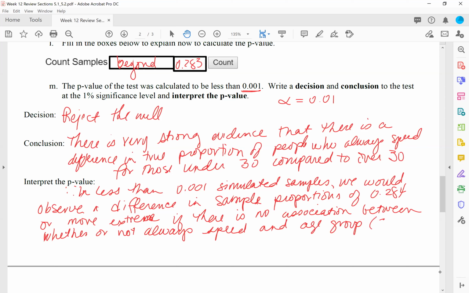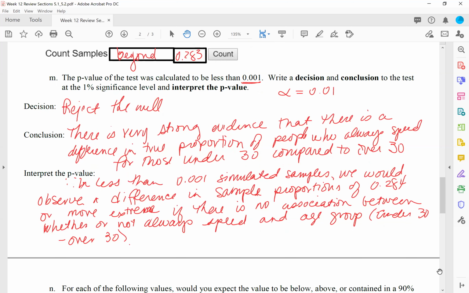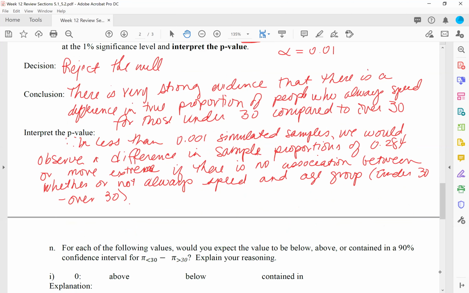We'll do under 30 minus over 30. So if our null is true. The more extreme is referencing that it's a two-sided test. Questions on the interpretation?